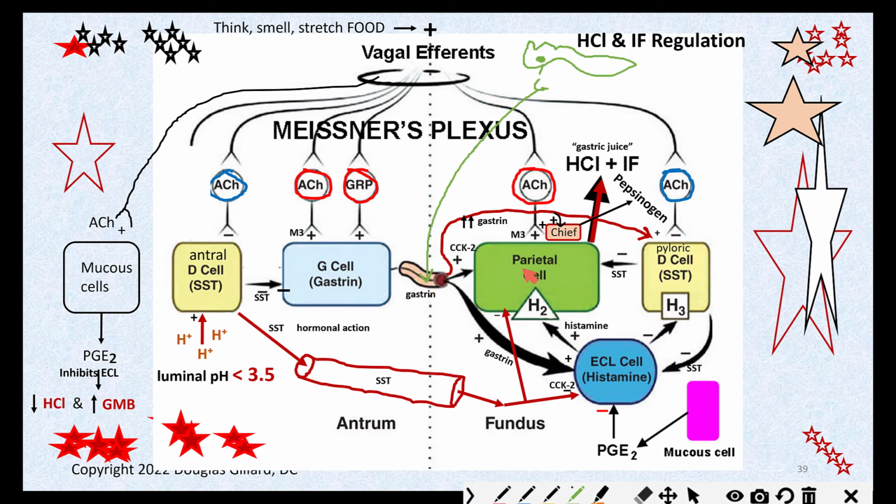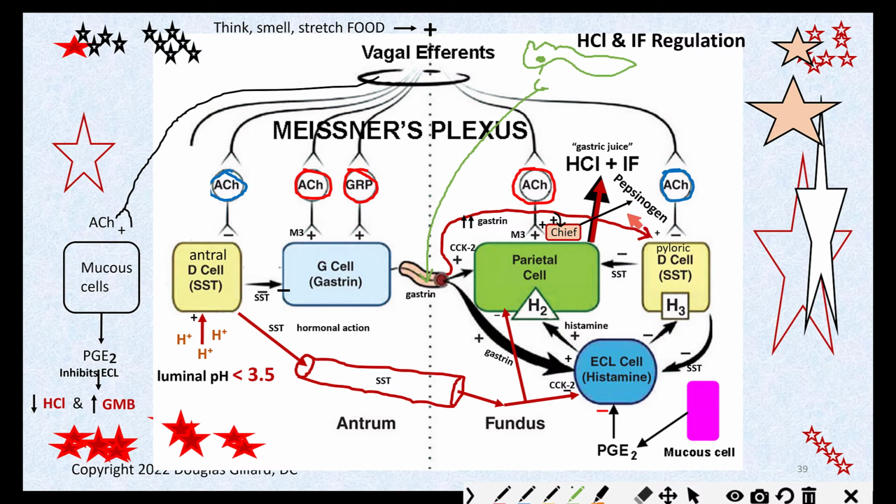It can bind to CCK2 receptors. It can bind to ECL cells, which creates histamine. So note that gastrin can both directly cause the release of acid by binding to CCK2 receptors and indirectly cause the release of acid by binding to ECL cells, which then release histamine, which binds to H2 receptors and stimulates the release of hydrochloric acid.